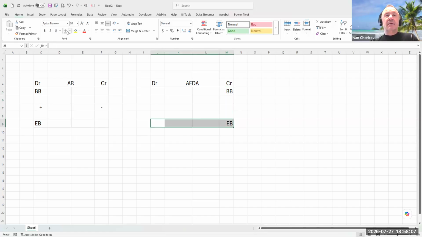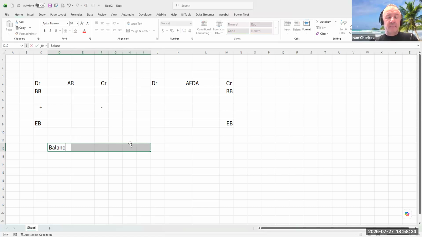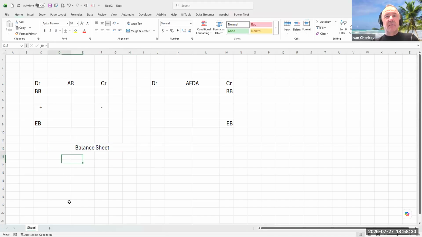And the other thing is, you're never going to see allowance for doubtful accounts on the balance sheet. Then what are we going to see on the balance sheet, if we have to prepare the balance sheet statement? A very simple balance sheet. We're going to see that the balance sheet is going to have current assets.